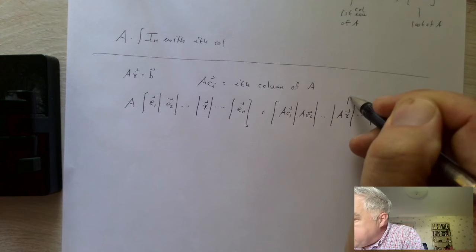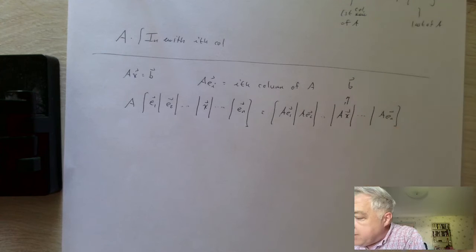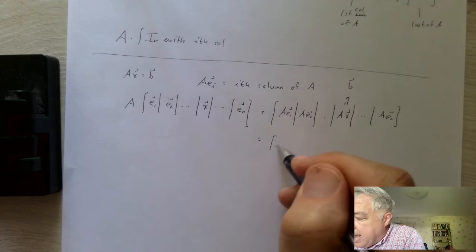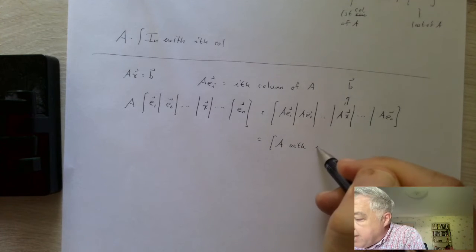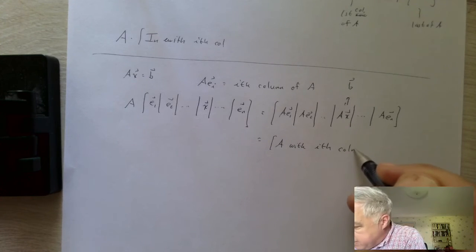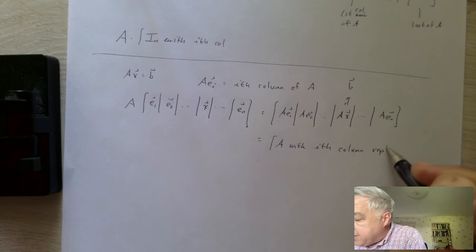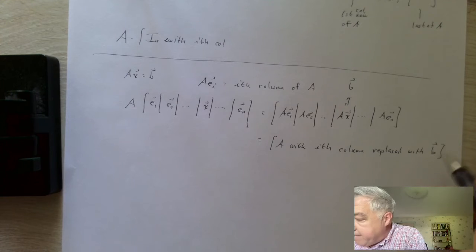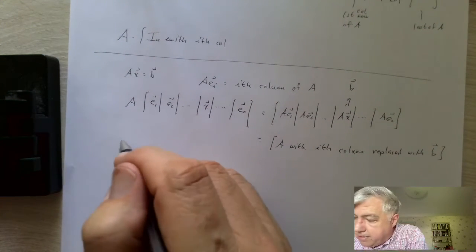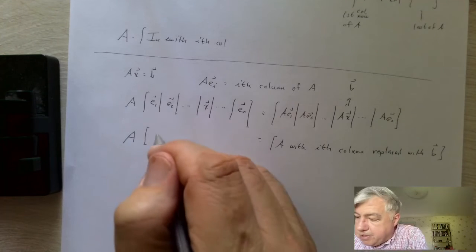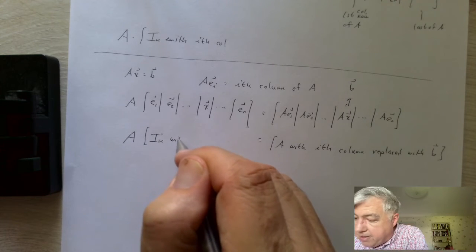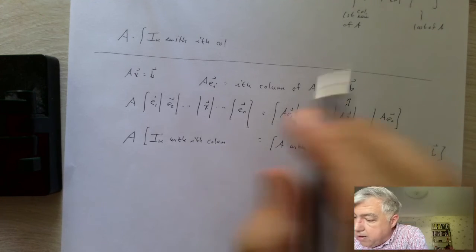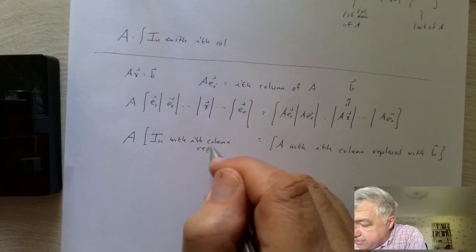But remember, this is equal to B, and so this is A with the ith column replaced with B. And this is A, and then this matrix was just the identity with the ith column replaced with X.